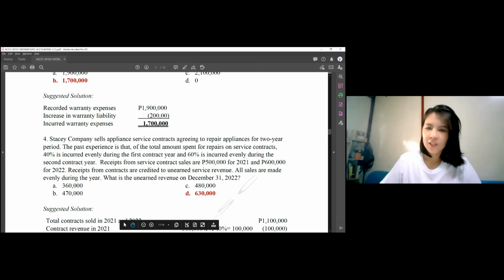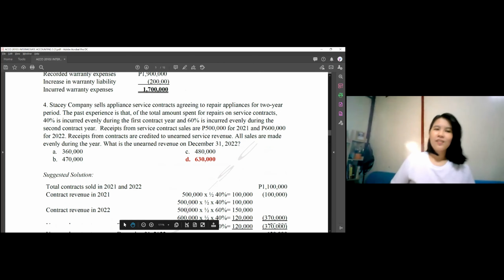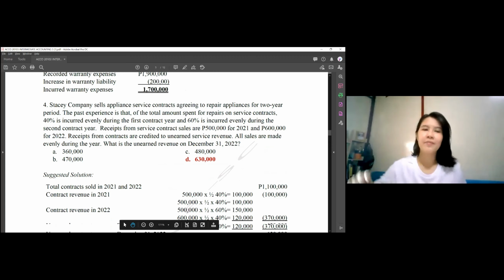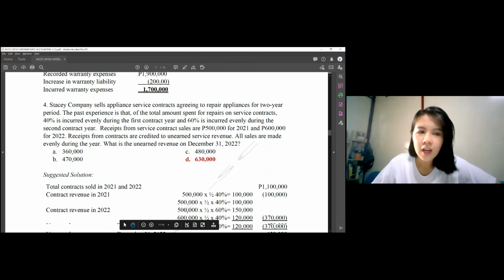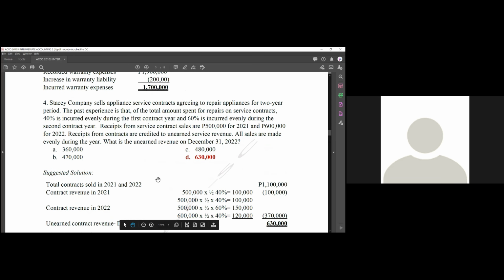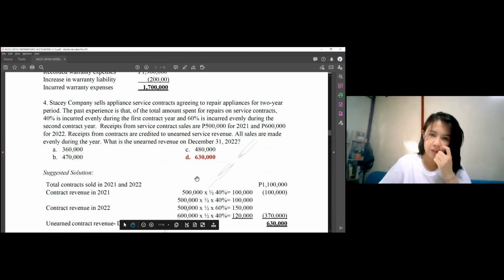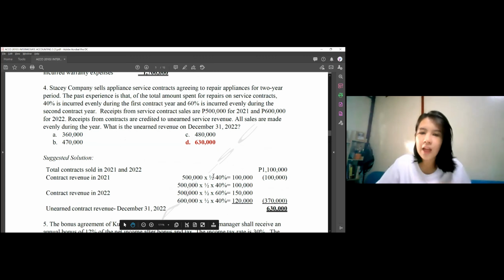Actually, it's the same approach. The difference is that this is in standard solution format. The total revenue is 1.1 million. The solution is computed very much the same as in the box method: the first year sales times half of it times the first year percentage, then the first year sales times another half of it for 2022.